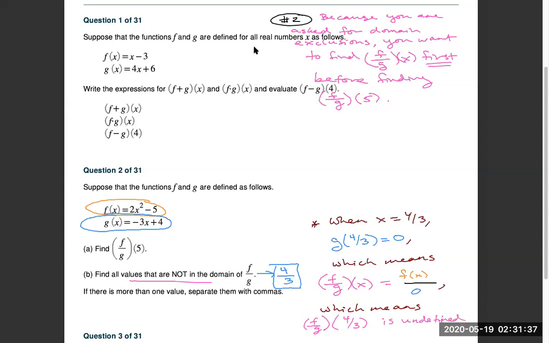One more change I want to make because we actually plugged in x before. So when x is 4/3, plugging in 4/3 to f and g would give you this kind of situation.